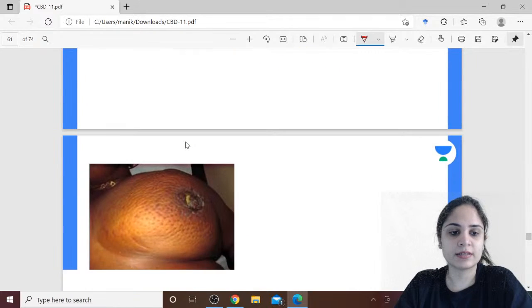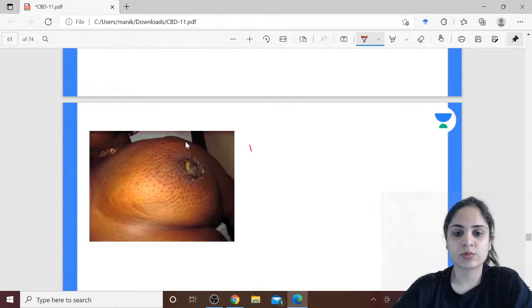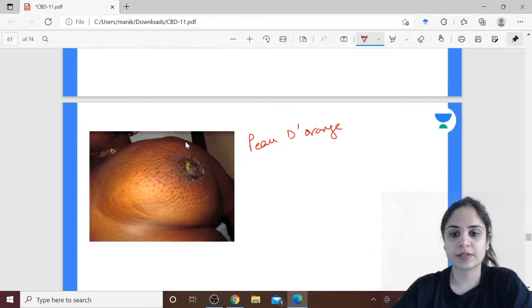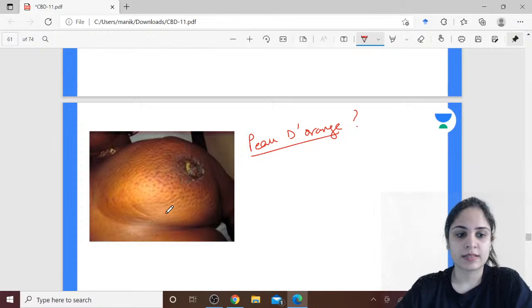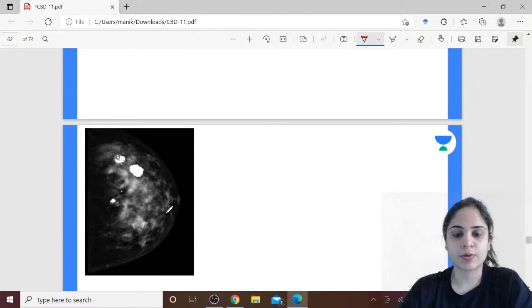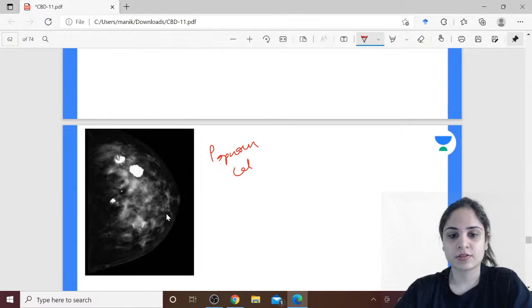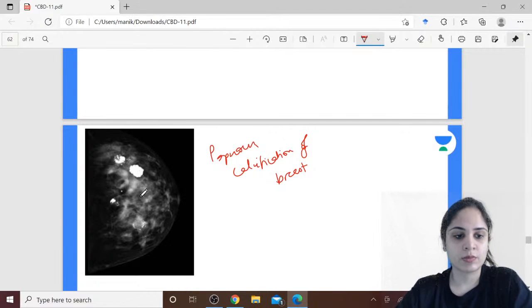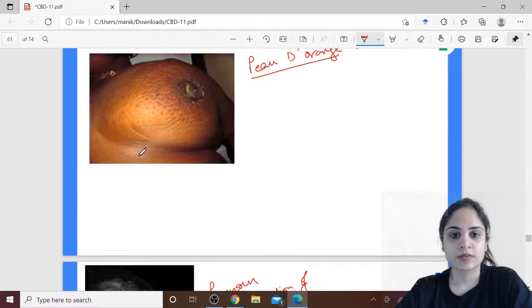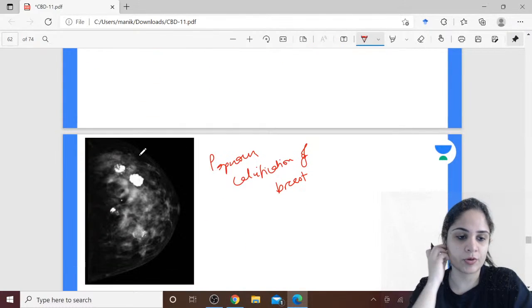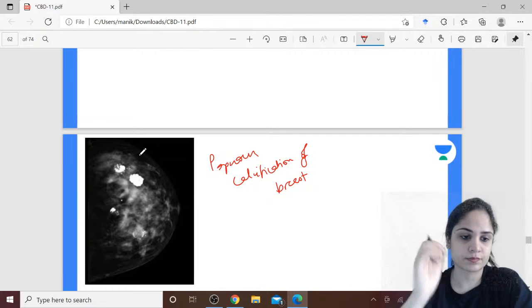Tell me the reasons for it. First one is, what is the cause of retraction of the nipple? What is the cause of peau d'orange appearance of the breast? And what is the cause of popcorn calcification in the breast? This is on mammogram. Chalo, these three answers, tell me quickly. What is the reason for retraction of nipple? What is the reason for peau d'orange appearance? And what is popcorn calcification of breast?